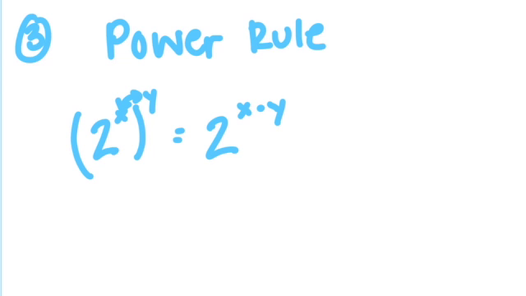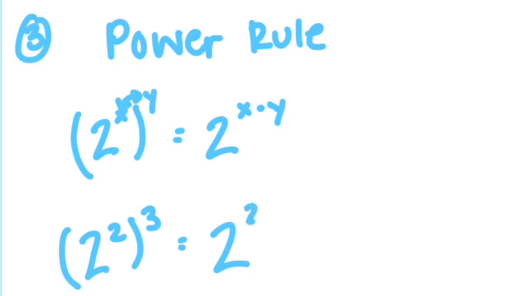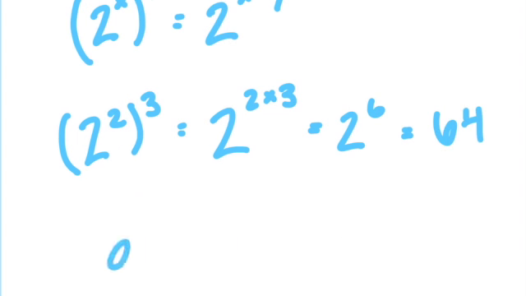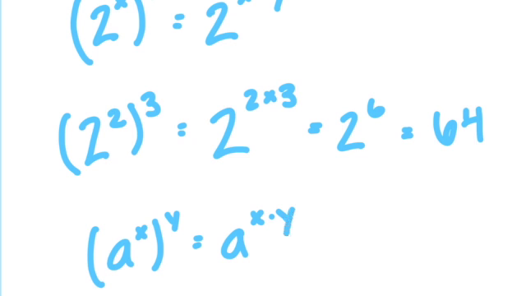Let's say it's 2 to the 2nd power, all to the power of 3. Leave the base the same, and it would be 2 times 3, which equals 64. A to the x to the power of y, leave the base the same, and multiply the 2 exponents.